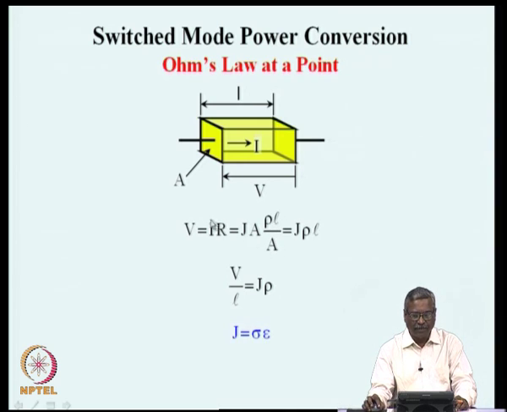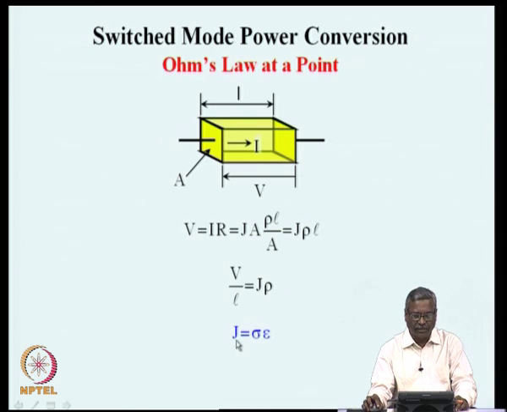So, when we modify this equation thus, this results in another relationship which relates the electrical field intensity, which is voltage divided by the length of the conducting path, to the current density and the resistivity of the material.